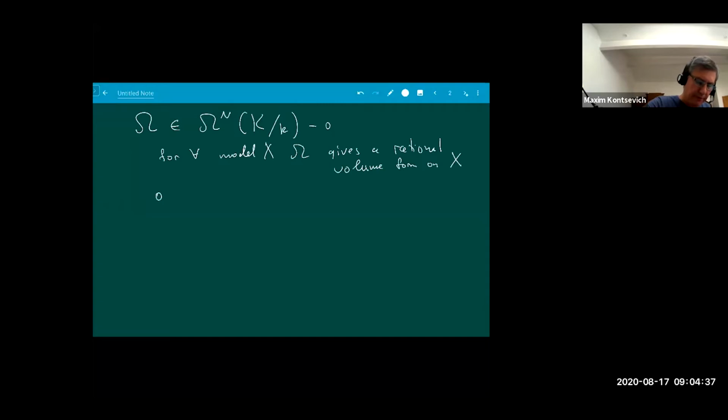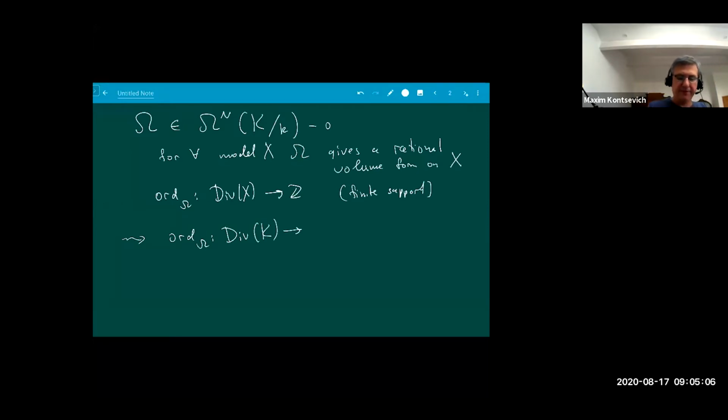You get a certain function, ord omega, from divisors of X to integers, which has finite support on a given model. But it is compatible with blow-ups, so one can have a function from all divisors, or the divisorial set of the big field, to integers.